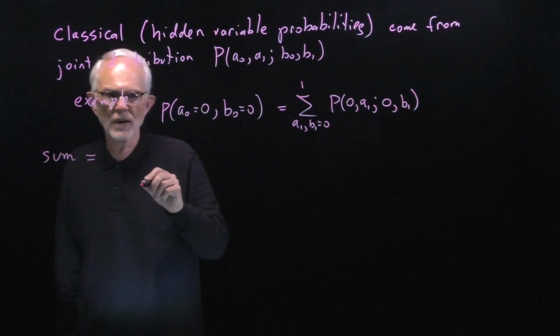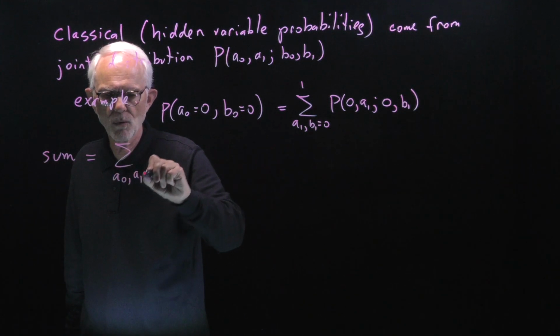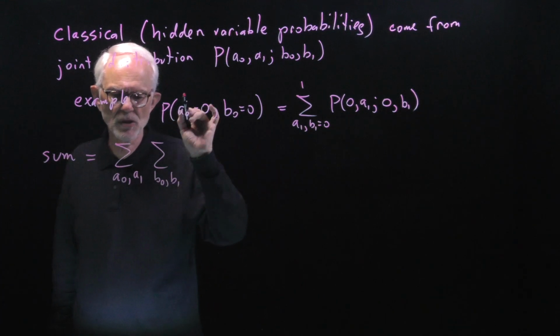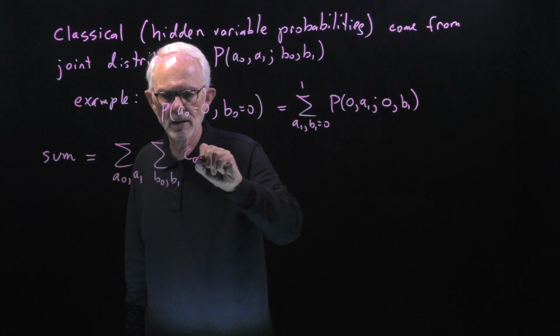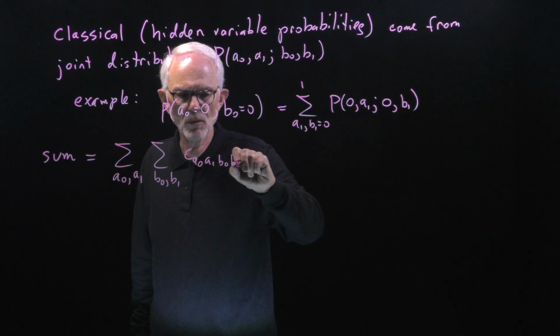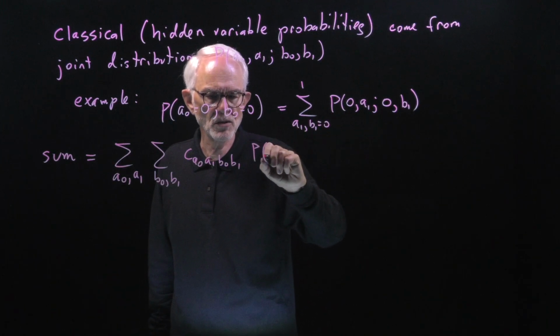So what does the sum of the 8 probabilities look like? It's going to look like the sum over A0, A1, and the sum over B0, B1, where the sums are both from 0 to 1. I'm going to have some number out here, say C(A0, A1, B0, B1), and then I'm going to have the joint probabilities.